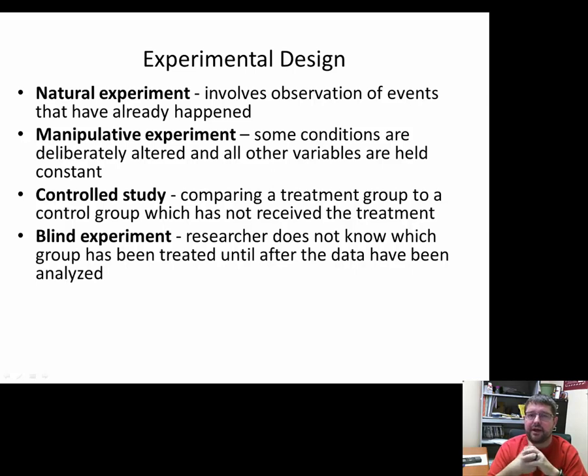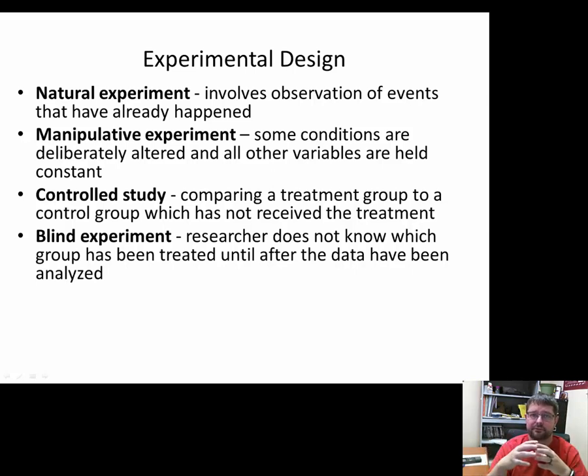When we start looking at experiments where we're trying to test single variables, but we don't want any researcher bias, we'll do what we call a blind experiment. And often this is done with drug studies or with behavior studies and things like that.